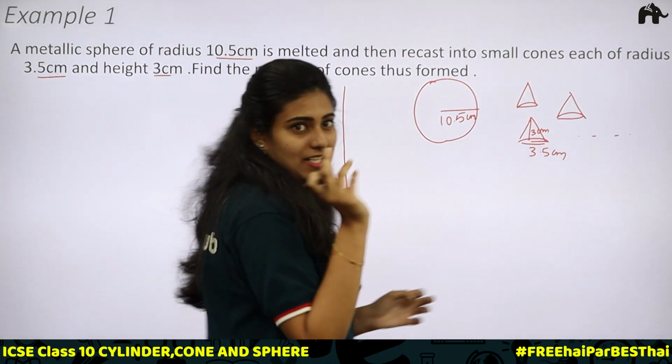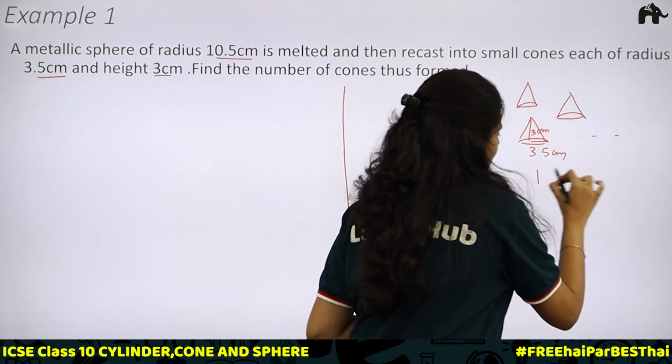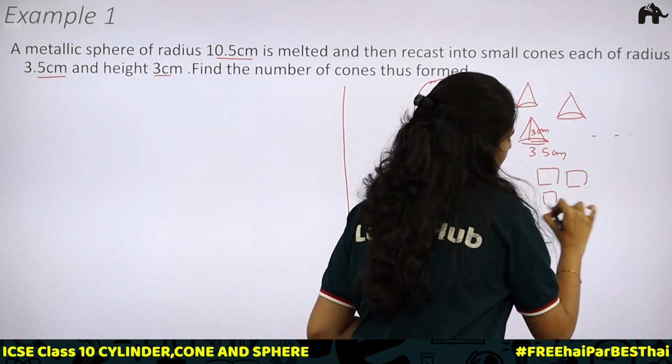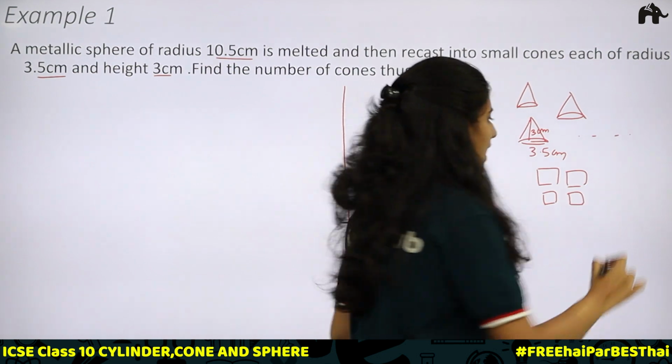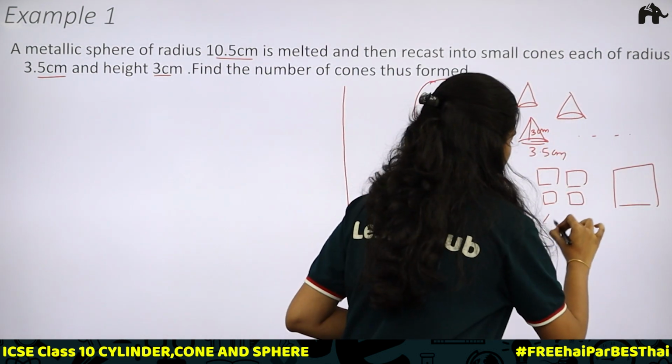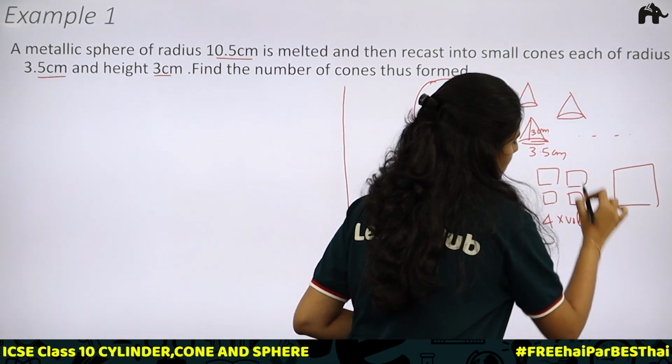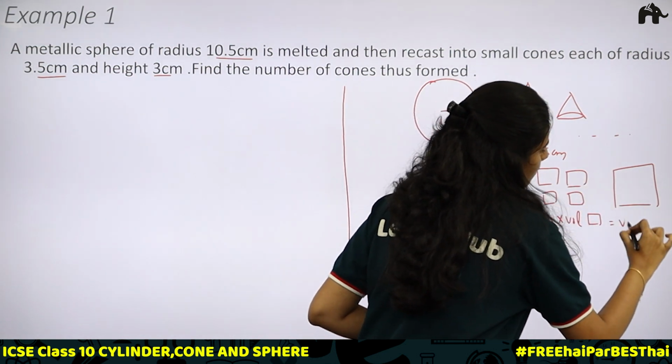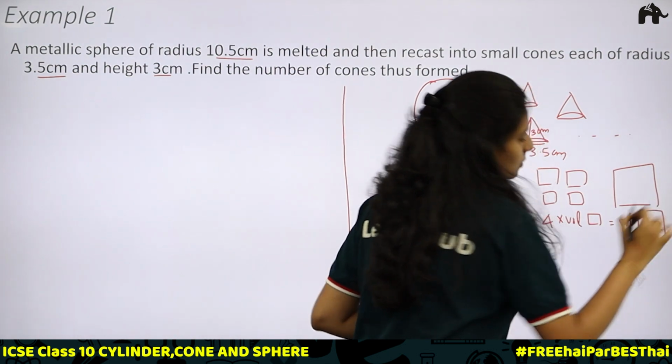We have said the dairy milk example. You remember? 4 smaller cubes are taken and melted to form a bigger cube. In that case, 4 into volume of smaller cube will be equal to the volume of bigger cube.